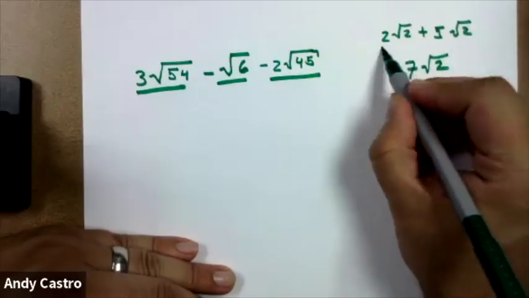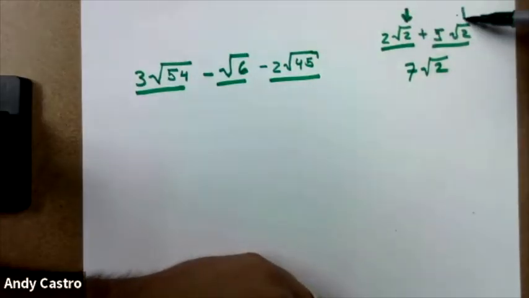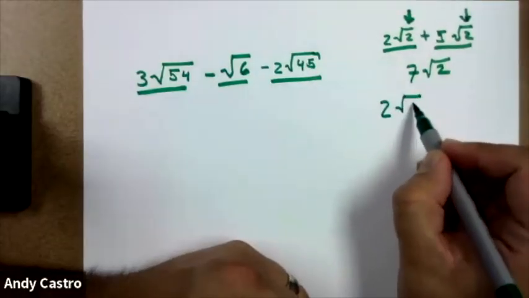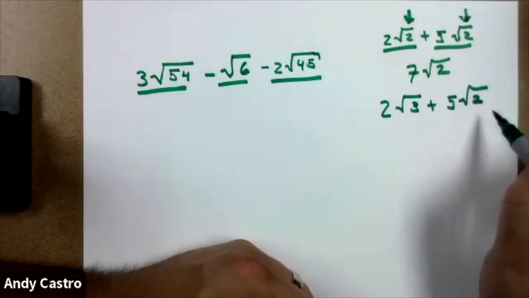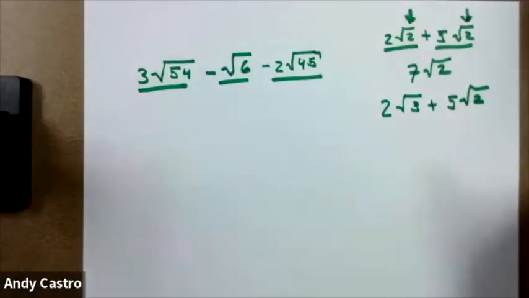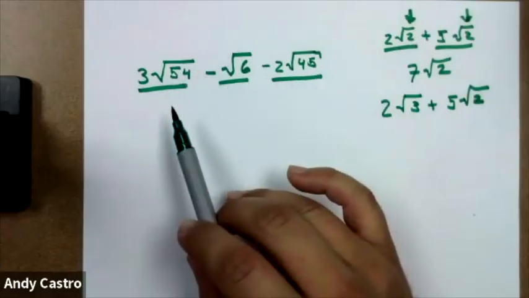I can combine those two because they're multiplying the same root. However, if I have 2 times the square root of 3 plus 5 times the square root of 2, I can't combine those. Okay, so what we have to see then is do I have any similar roots between these 3 terms?